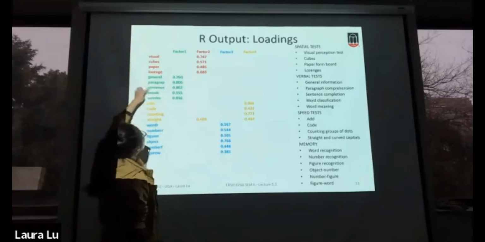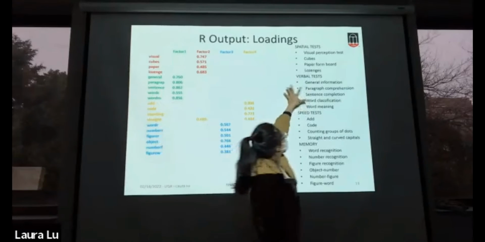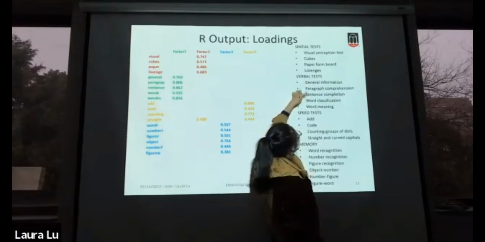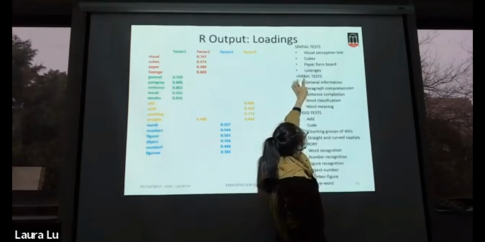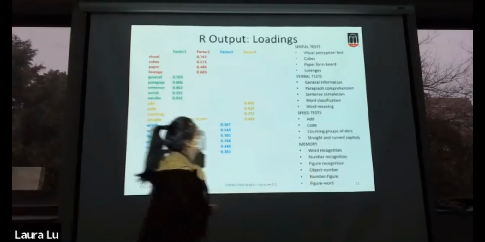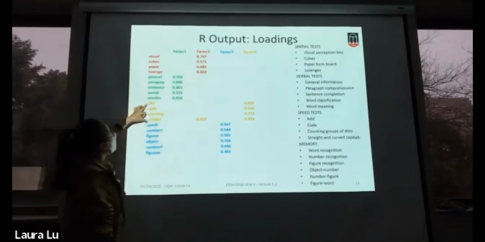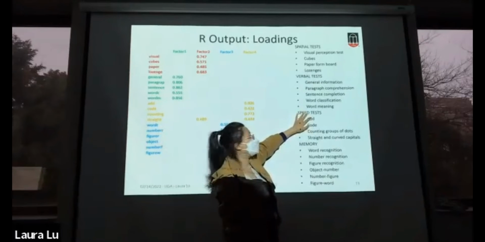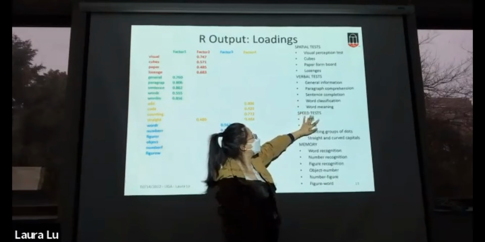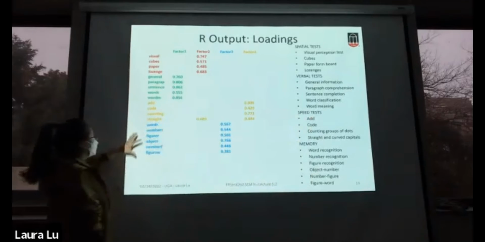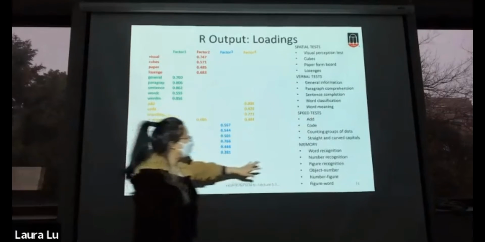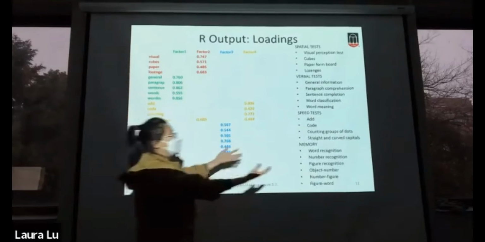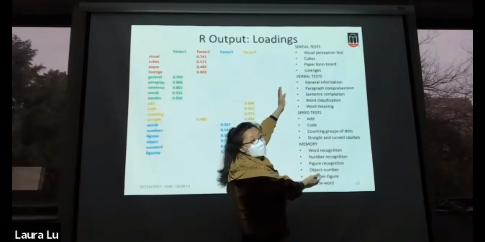And by looking at these 5 tests, we can name this latent variable: all of these are influenced by verbal ability, so we can name this factor verbal. These 4 are influenced by speed ability, or you can simply say math ability or counting ability, something like that. And these 6 are influenced by memory ability. That's how we decide these factors.